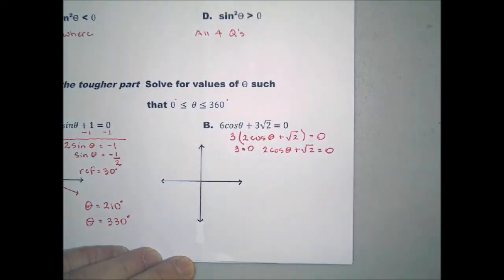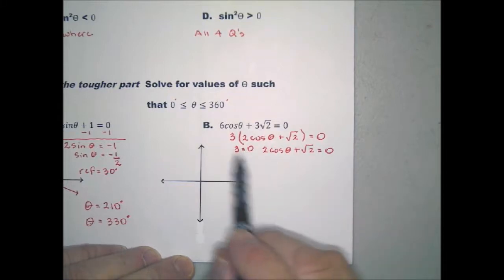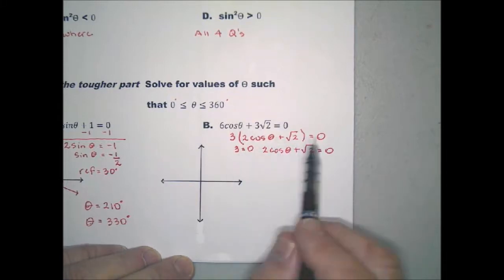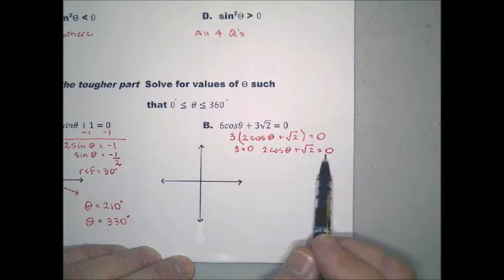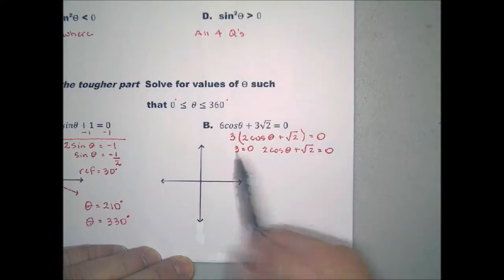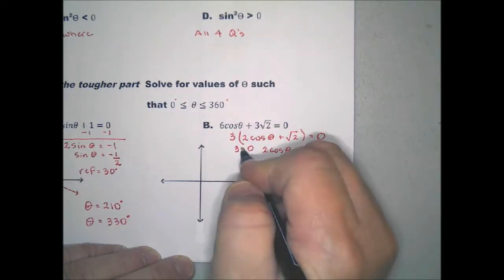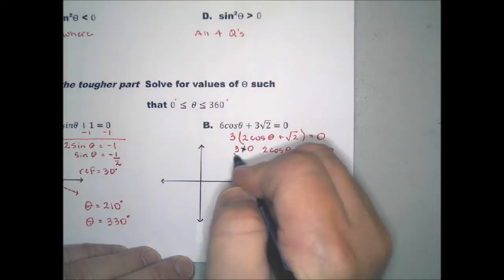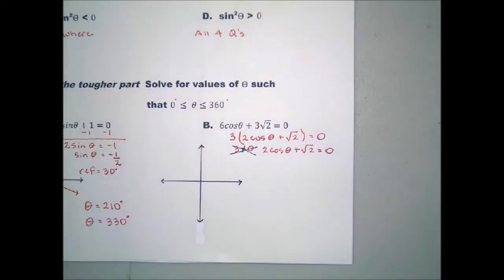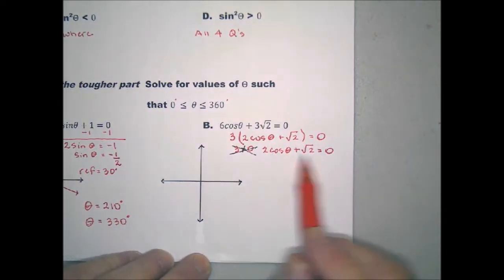But let's just understand right now, the reason I decided to just factor out the 3 and then set each of the two factors equal to 0 is because now you can see this isn't going to take me anywhere. 3 actually does not equal 0, so I'm done with that part of the problem. All I need to do now is solve this part of the problem.